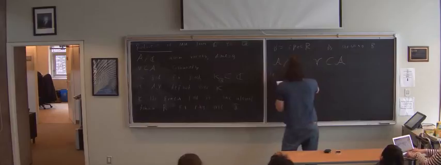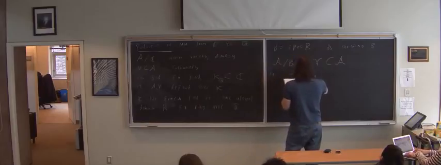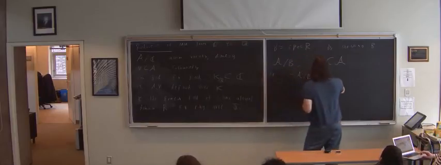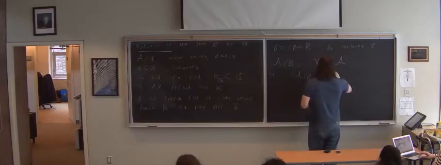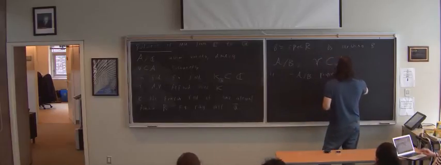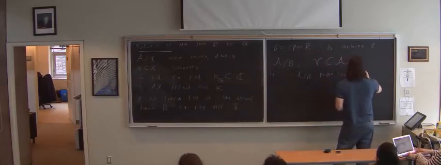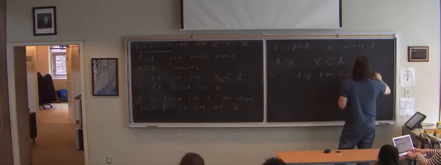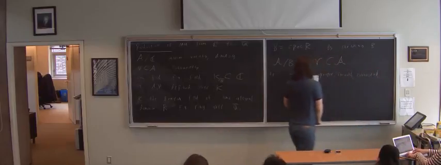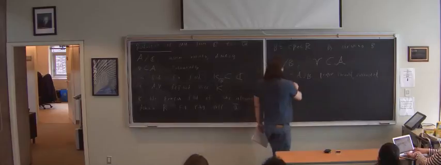First of all, A over B is proper, like projective, smooth, connected. That's the first thing we want.